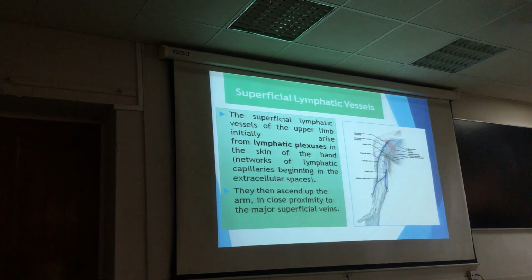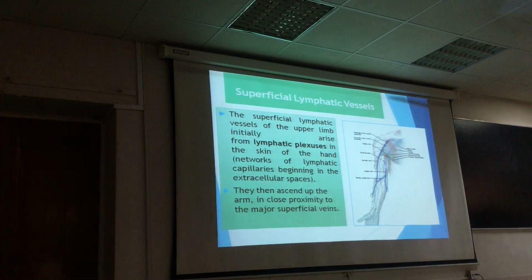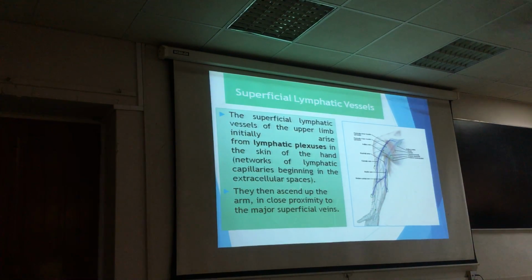Now, the veins have a counter route. If we talk about the artery, the artery is coming from up and then spreading like a tree. It is giving off branches. But the veins are actually coming from below, and then they are acting as tributaries, like a river.